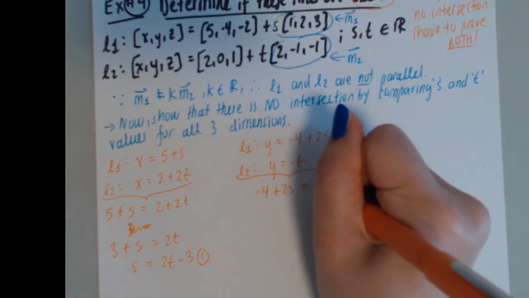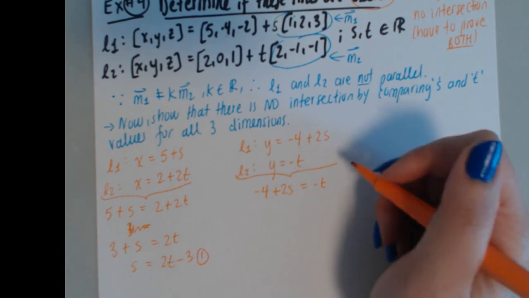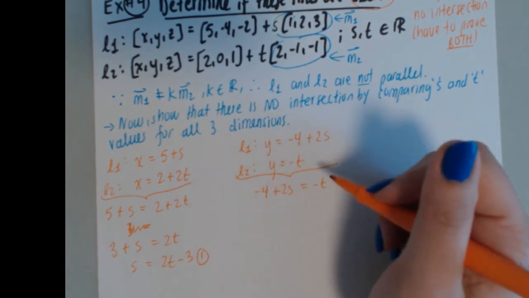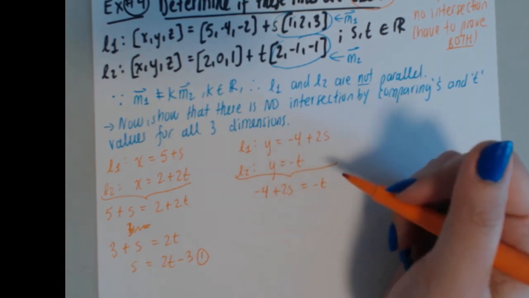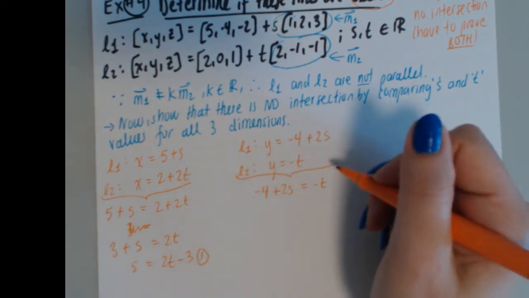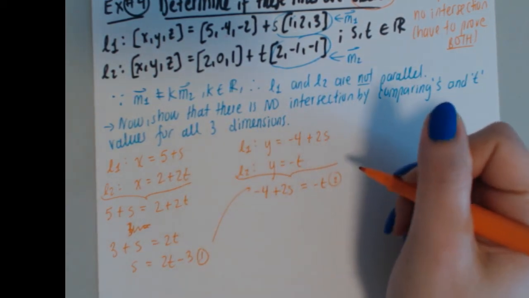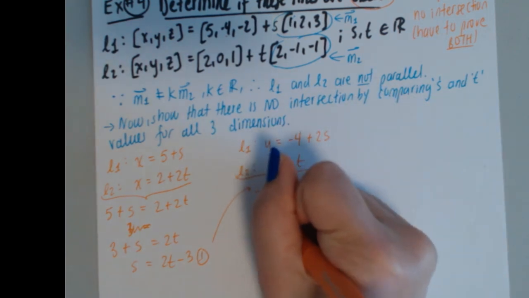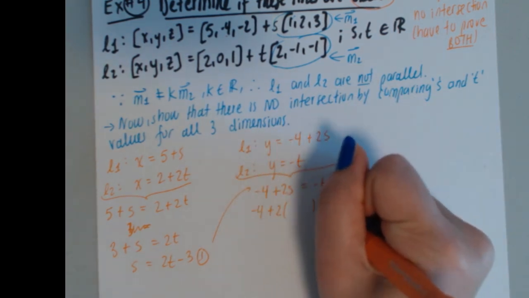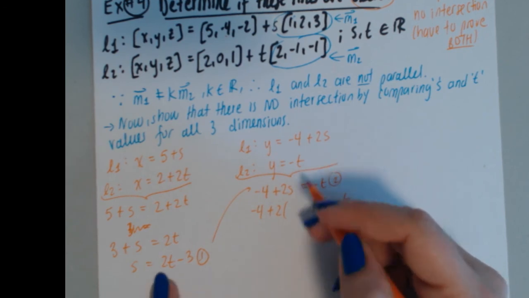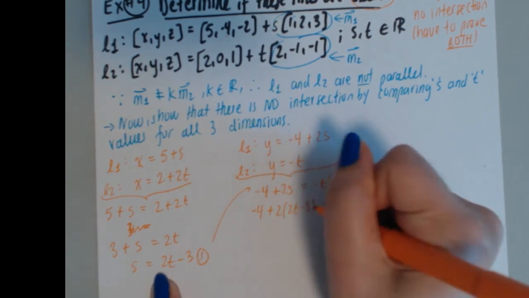plus 2S is equal to minus T. Now, if you want, you can multiply both sides by -1 and get that positive, or just go ahead and plug in the equation for S into here. Let's call that equation 2. All right, so we've got -4 plus 2S is equal to -T, S being 2T minus 3.